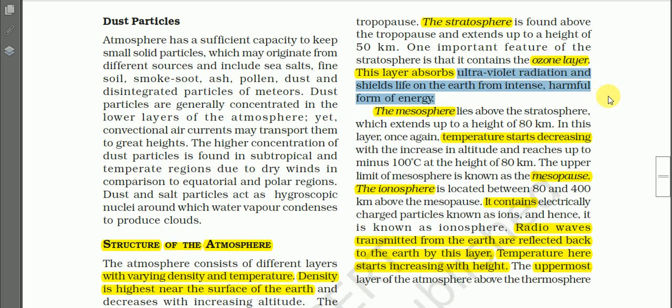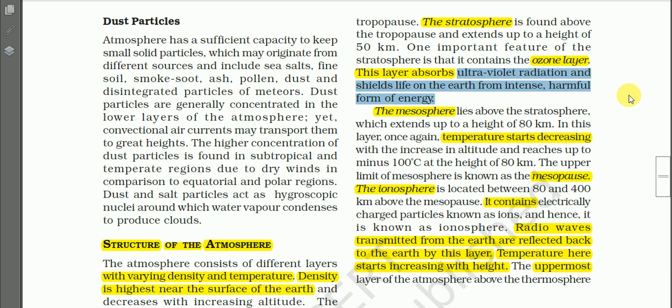Any question from your side? You may be wondering how this ozone layer absorbs ultraviolet radiation.